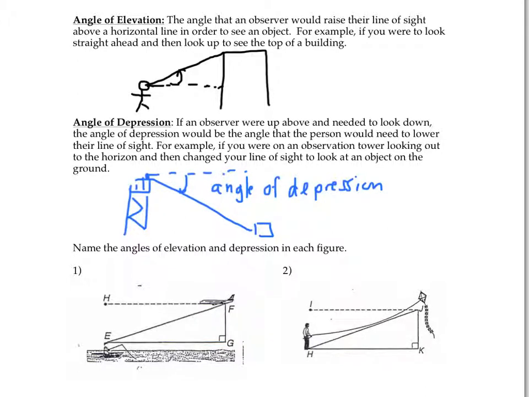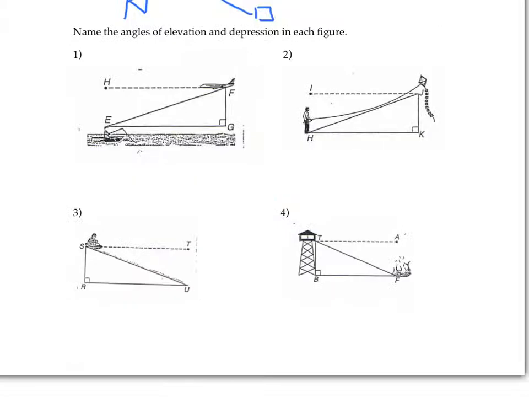Okay, we're going to take a look at some pictures and name the angle of elevation and the angle of depression in each picture. In this first picture, we've got an airplane and a little fisherman in a boat.